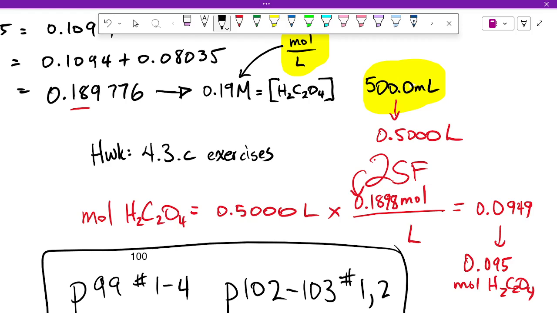And I think tomorrow we finish the unit. Quiz Monday on Ka, that's section 4.3.